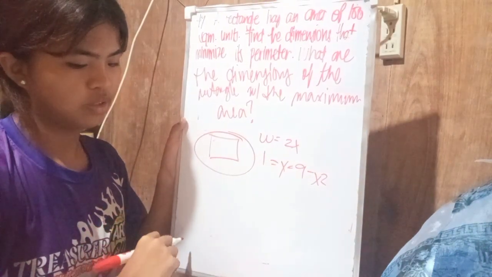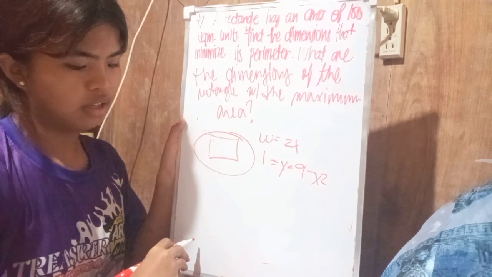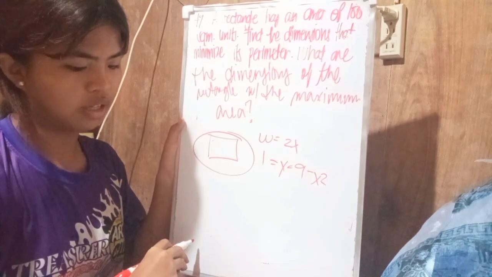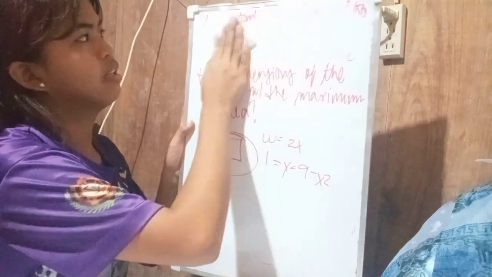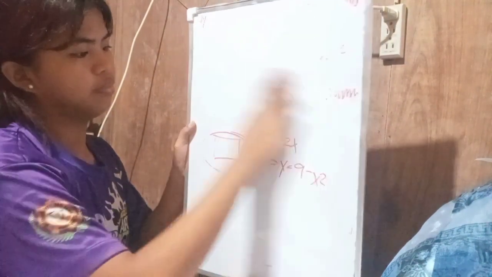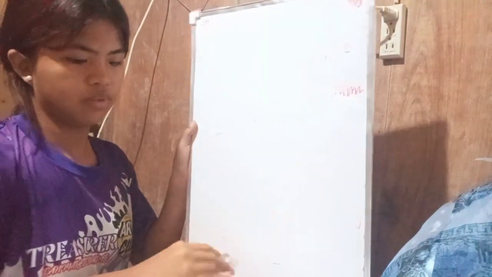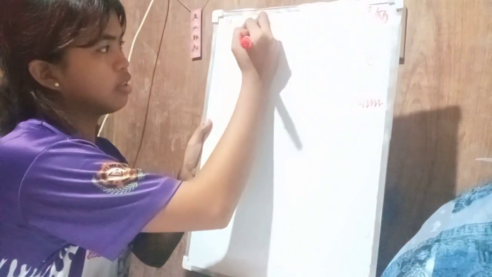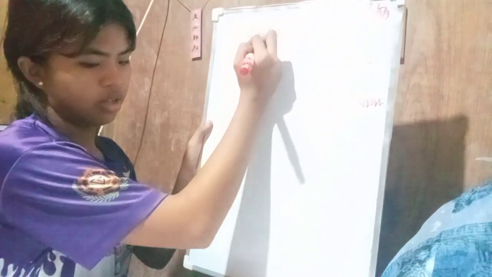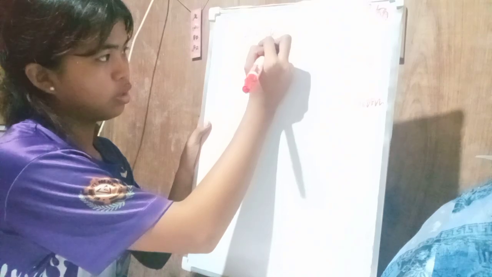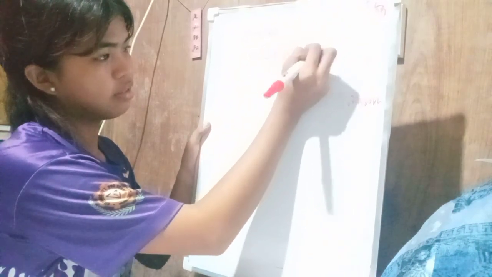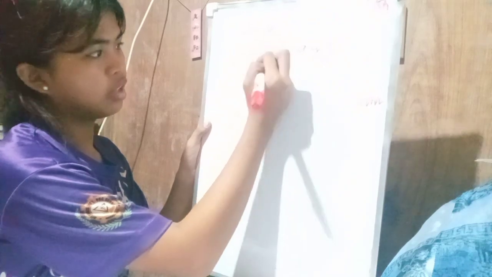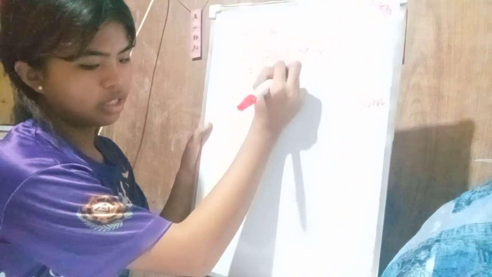So, first, let's go to the area. Area is equal to length times width, which is 2x times 9 minus x squared. Multiplying that out, it becomes 18x minus 2x cubed.